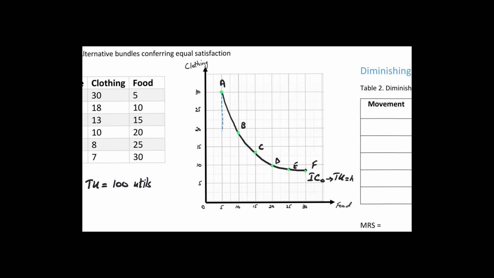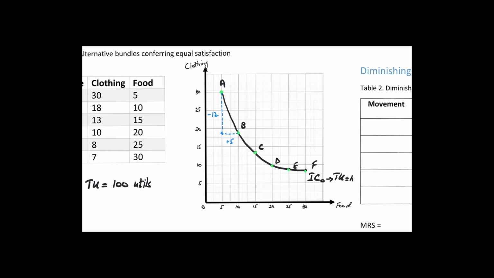So I go this way, I give up about 12 of clothing in order to have 5 of food. So in order to have 5 more of food, you have to give up about 12 of clothing. This is your marginal rate of substitution. This is even the slope of the curve.